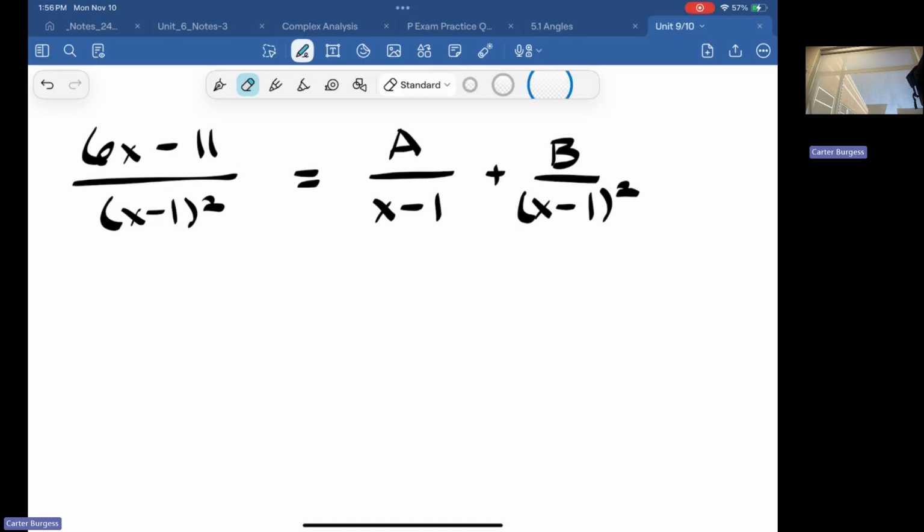Yeah, this looks great. So what is our constant term? Those are going to be our constants. Perfect. And then what's our coefficient term going to be? A. And what should those equal? So you're going to set up a system of equations here to find A. What about 11? Yeah, would equal -11. Yep. And then what would the 6 equal? A would just equal 6. A equals 6.